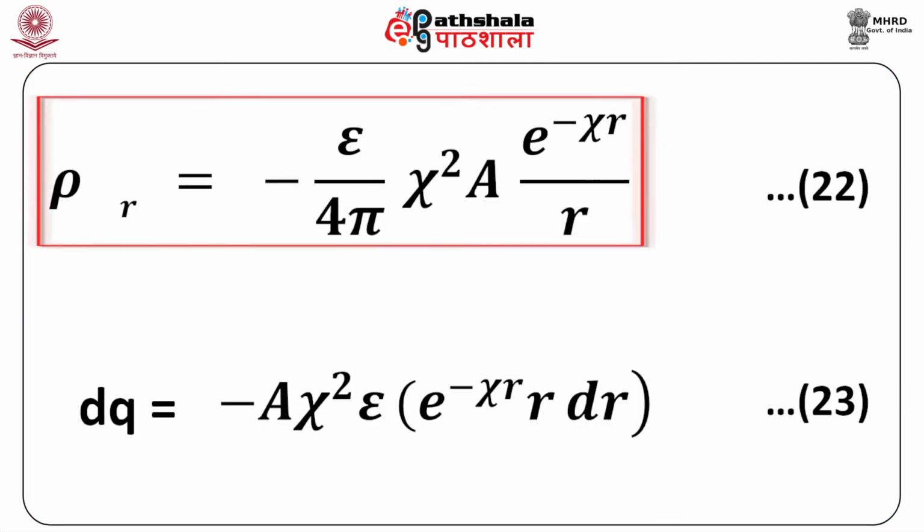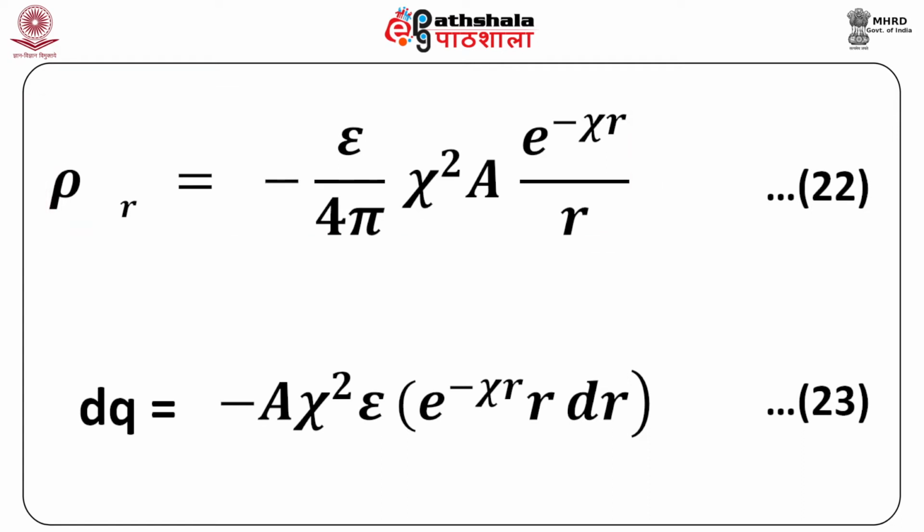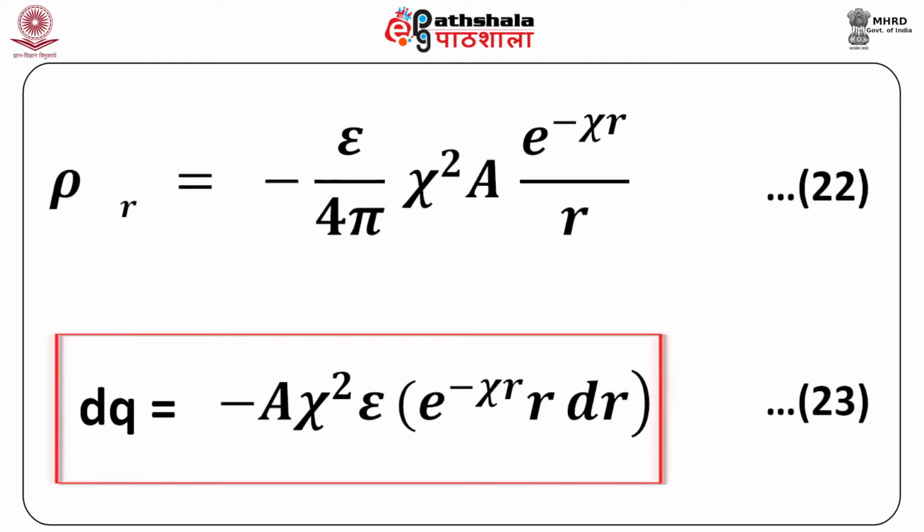Using equation 20 in 21, we get equation 22 as ρ(r) = (ε/4π) χ² A e^(−χr)/r. Thus, by combining equations 20 and 22, we get dq = −A χ² ε e^(−χr) r dr as our equation 23.